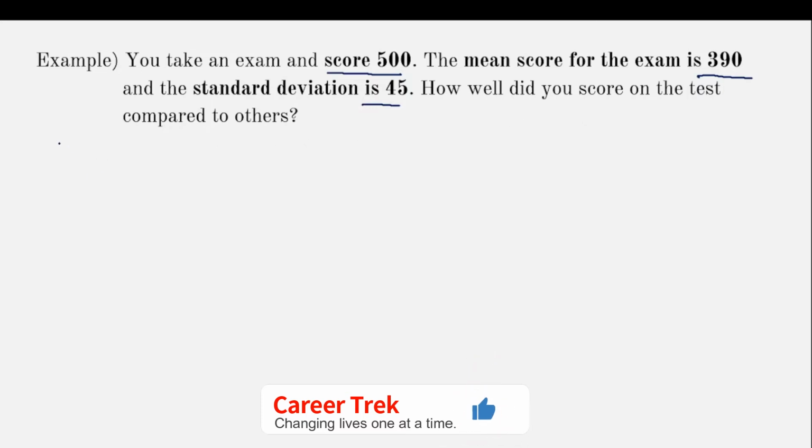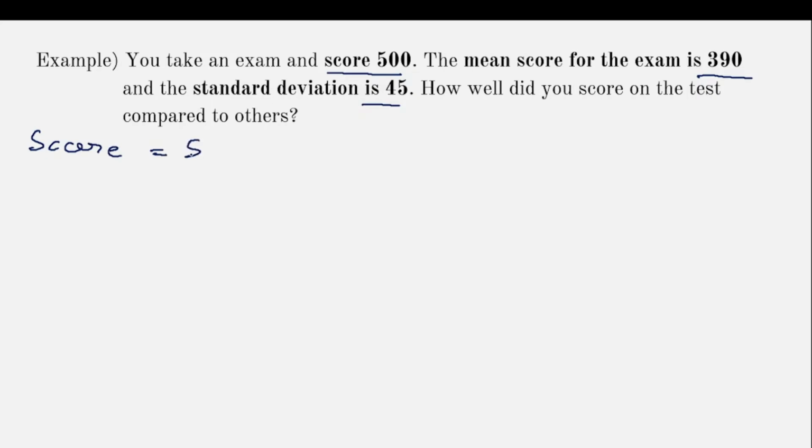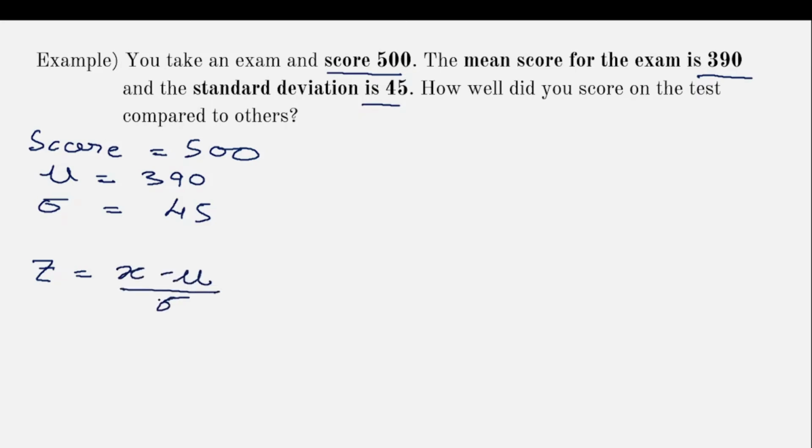So I'm given that the score is equal to 500, mean is equal to 390, and standard deviation is equal to 45. Firstly, to find how well the person performed compared to other students, I need to find the z-score. As I know, z-score is given using the formula z equals x minus mu divided by sigma.